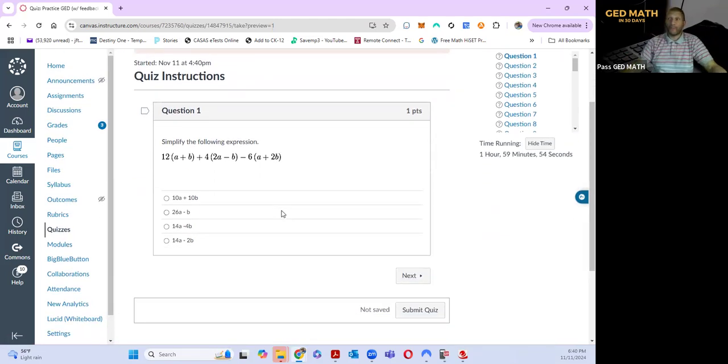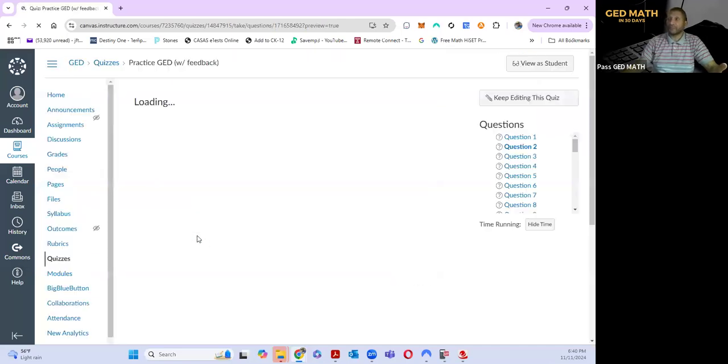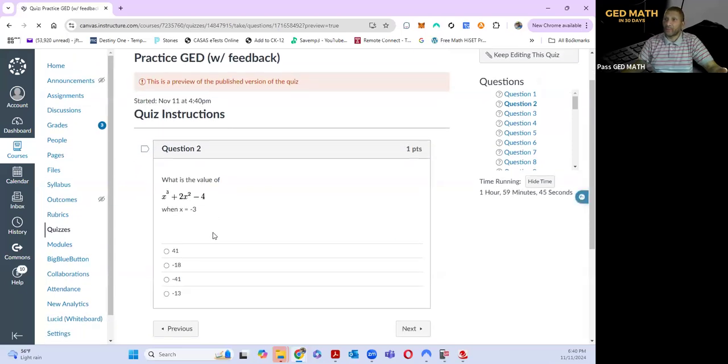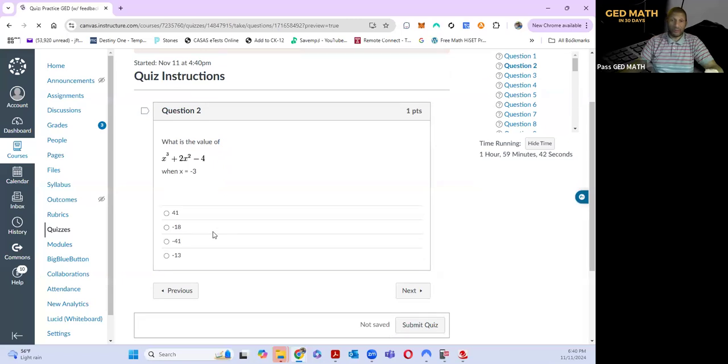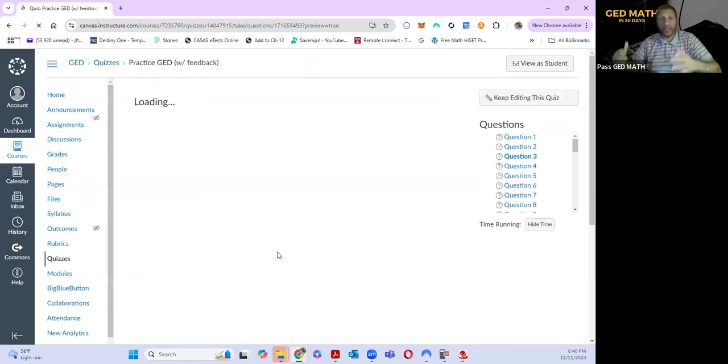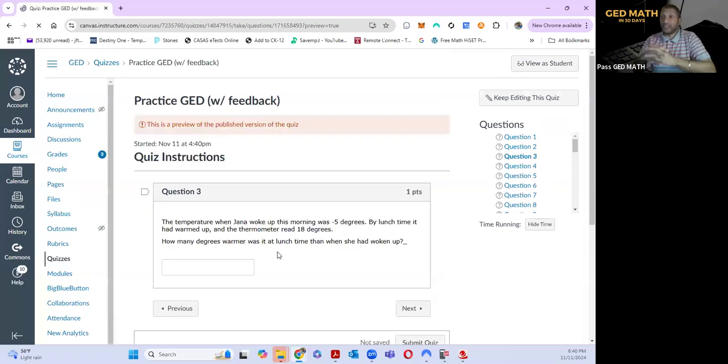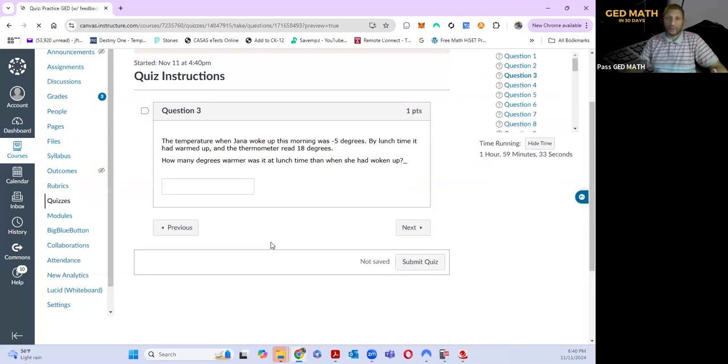Look at that. Well, you got to use the distributive property, combining like terms. Evaluation. Okay. So I try to create practice GED exams like you would see in a real exam.